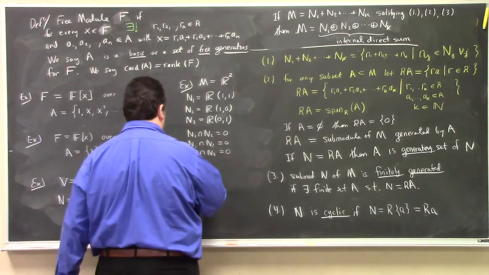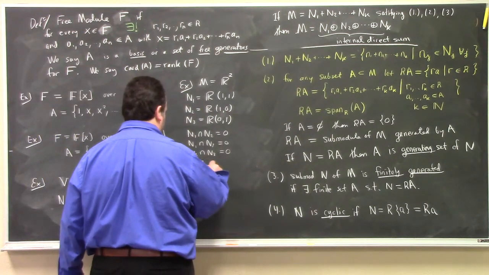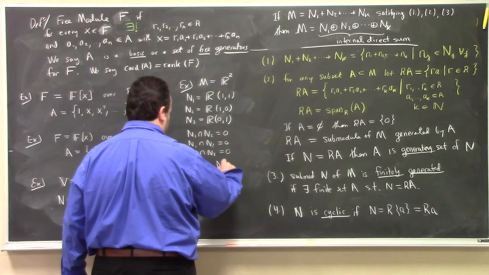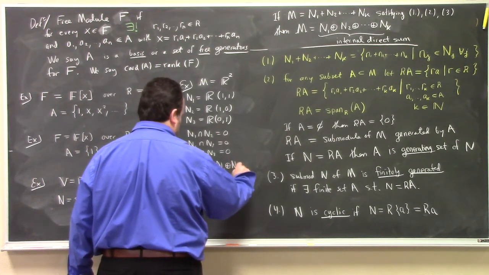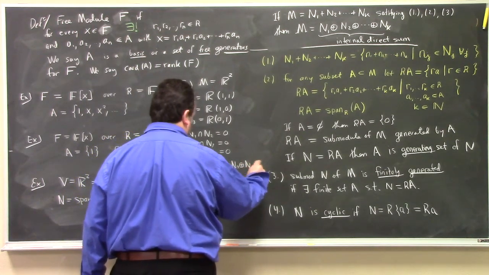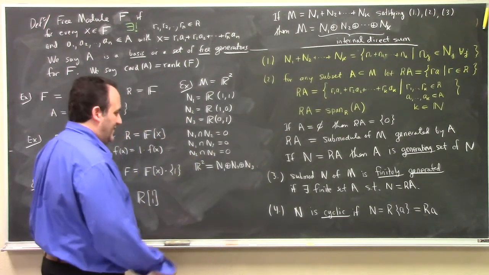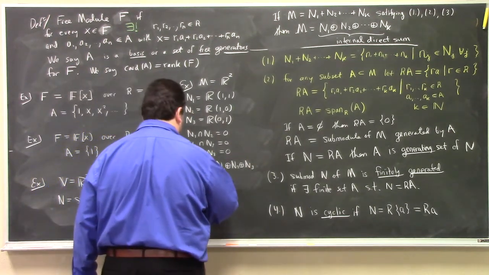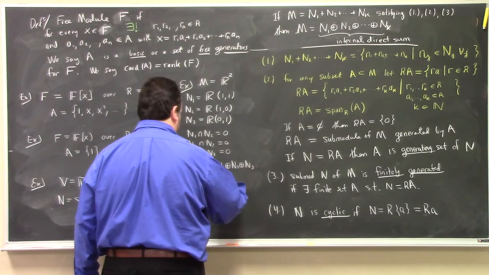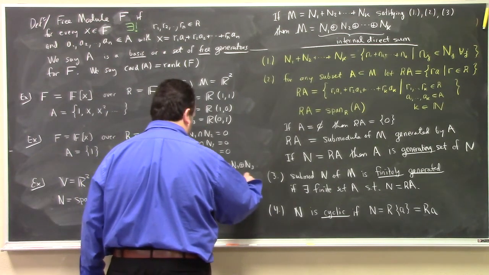So then that would say R2 is N1 direct sum N2 direct sum N3, right? But this is not the case, because R2 is not isomorphic to N1 cross N2 cross N3.